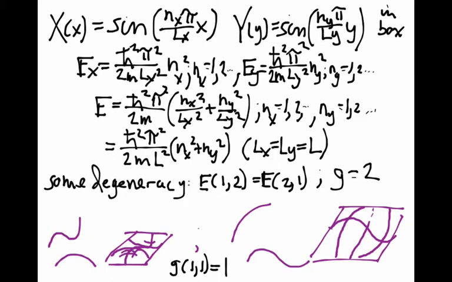So the energy at the E12 energy level is 5 times the ground state energy, but there are 2 states as well. So there are 2 separate states with the same energy. It's a degeneracy of 2. The energy level is a value of 5 times the ground state energy. And in the ground state, in this case, there's only one state, and the degeneracy is 1.